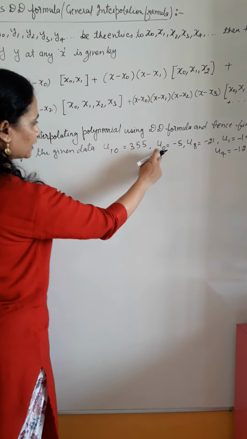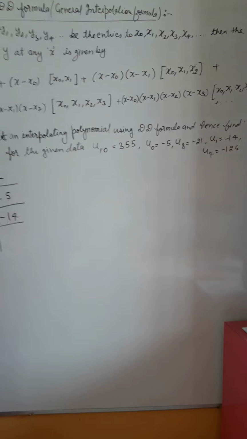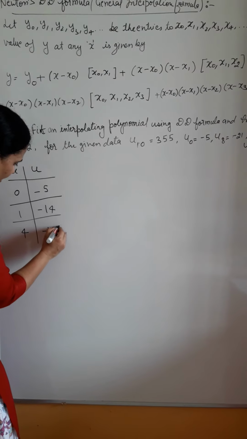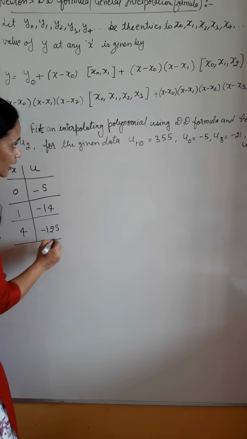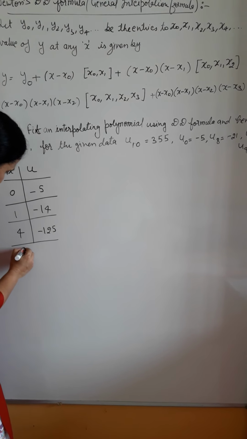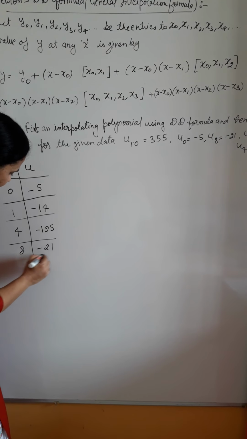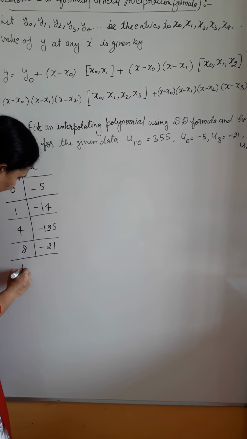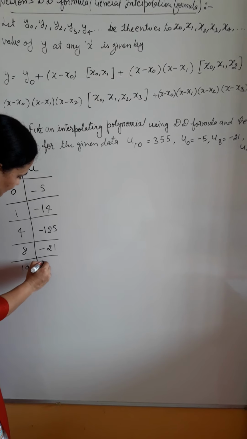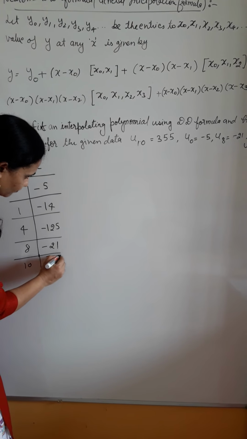Then 4: when x is 4, u is -125. Then 8: when x is 8, u is -21. When x is 10, u is 355.